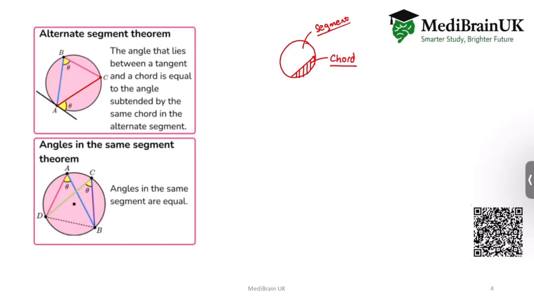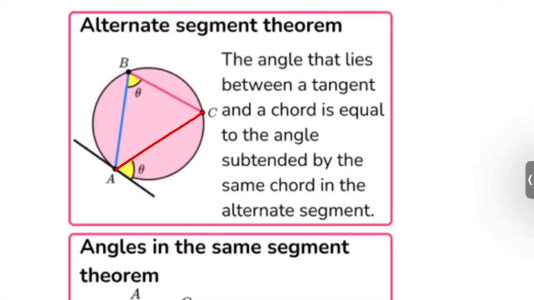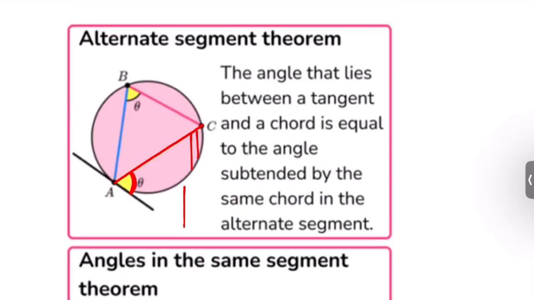Okay, and what this is saying is that the angle in the smaller part where the tangent is meeting the chord will be the same as the angle in the alternate segment. We know that this part over here is the chord.